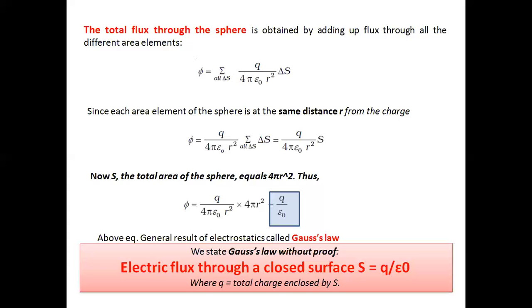Here, without proof, we consider Gauss law, so we can also write the equation directly. The electric flux through a closed surface S is phi equal to q divided by epsilon naught, where q is the total charge enclosed by capital S. Suppose this is our sphere: we have to consider the charges inside it, and we don't have to consider charges outside of the surface. So this is all about Gauss law.